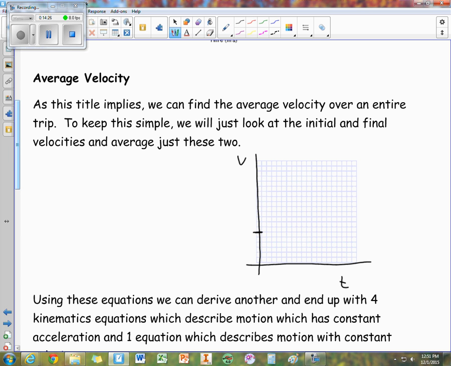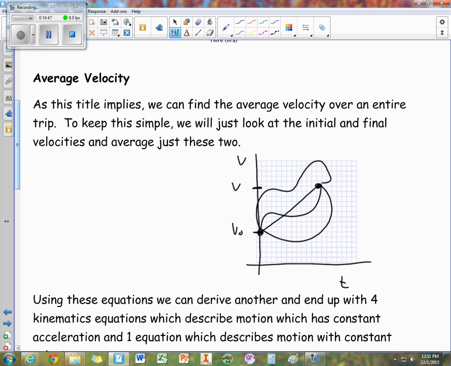If I'm going from one velocity to a second velocity, is it like that? Is it like this? How can I get that?